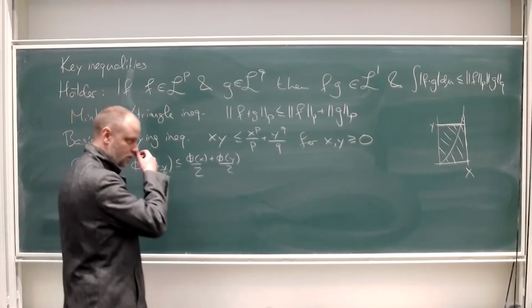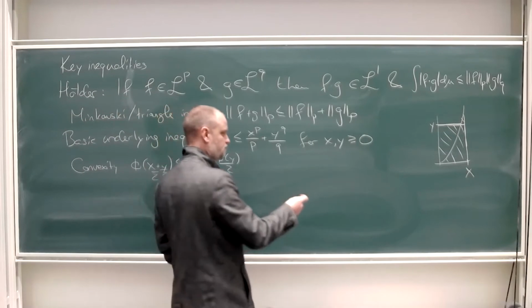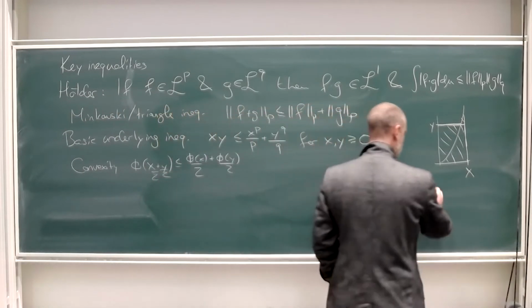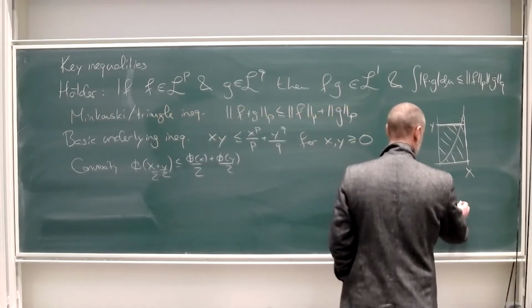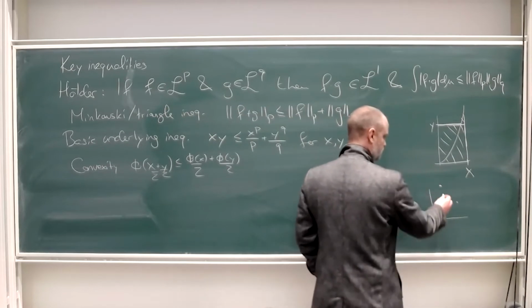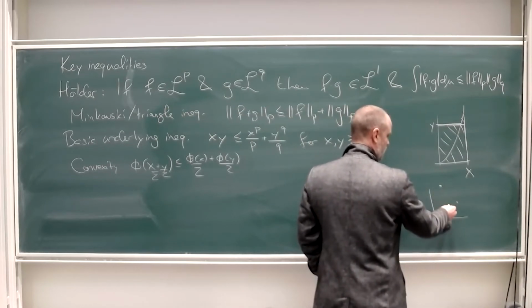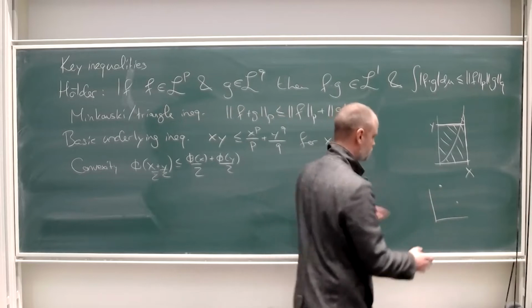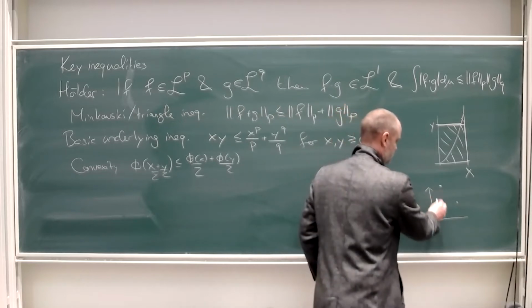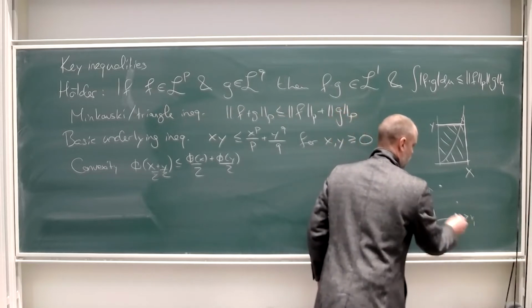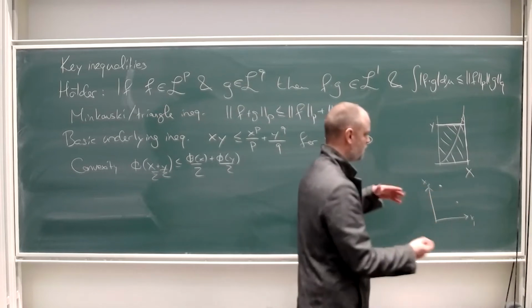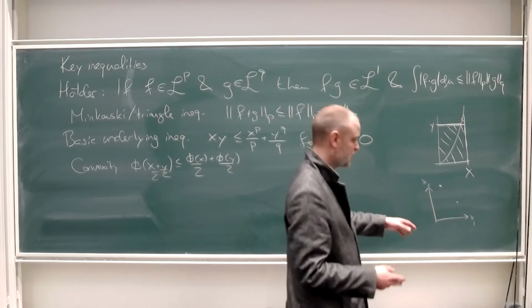But, okay, what is a convex function? Well, if you have two points in a space, so you think about this as an x1 axis, x2 axis, and there might be more axes in a higher dimensional space.